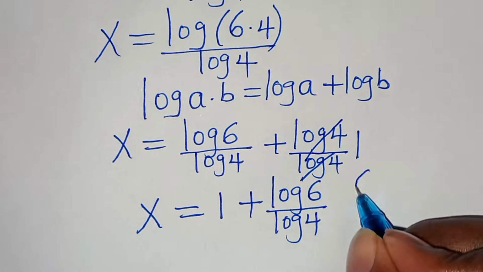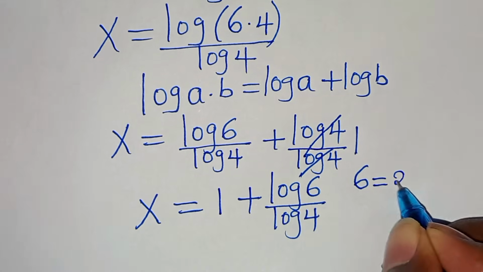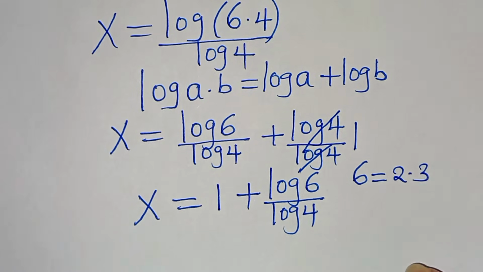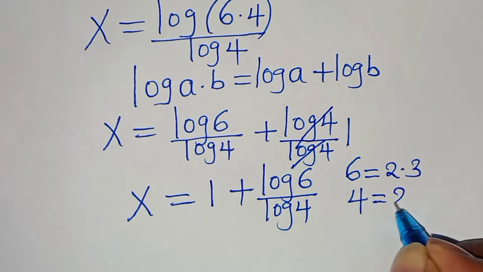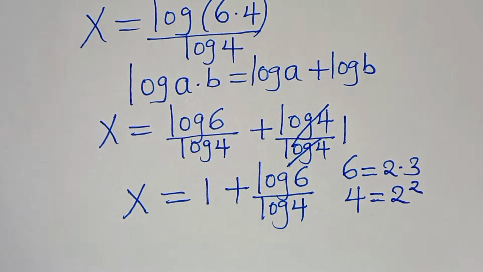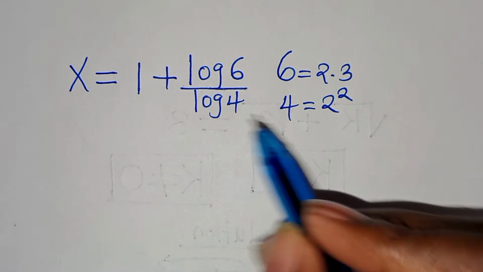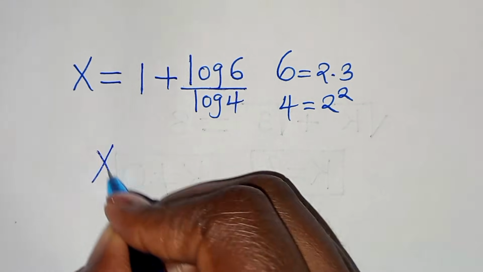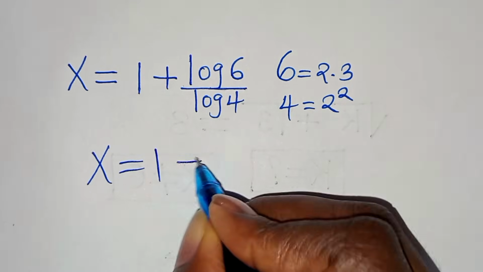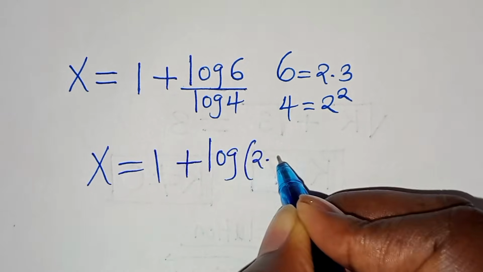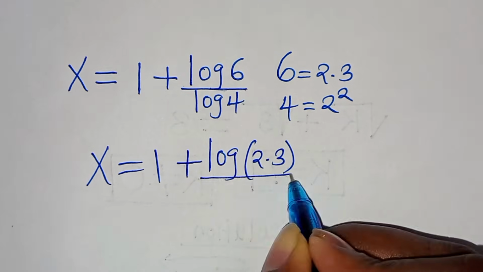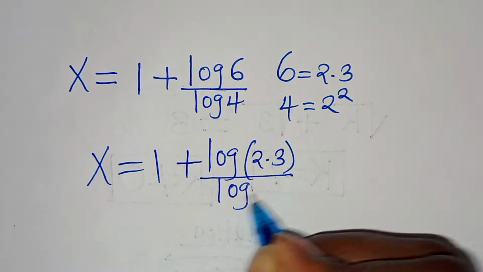We can express 6 basically as 2 times 3, and we can express 4 as 2 to the power of 2. Now substituting this, we have x is equal to 1 plus log of 2 times 3 divided by log of 2 to the power of 2.